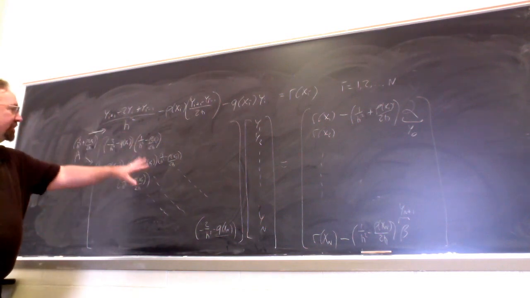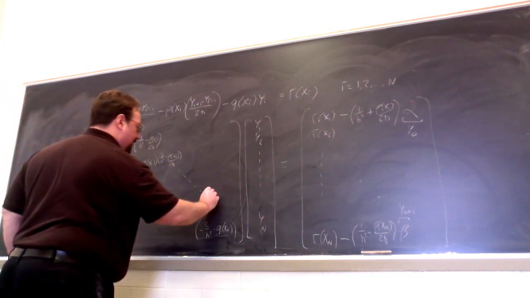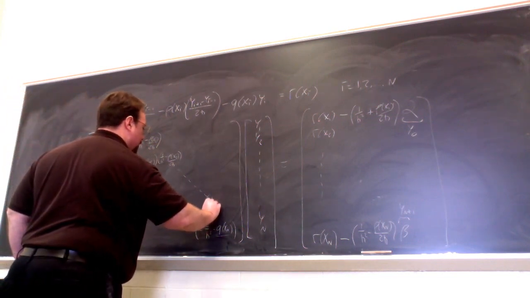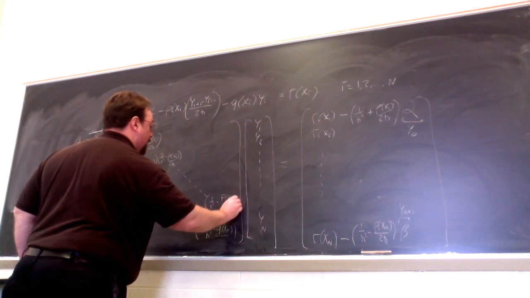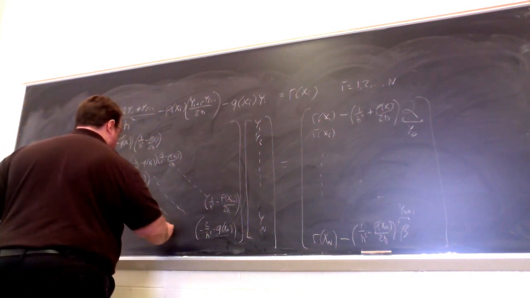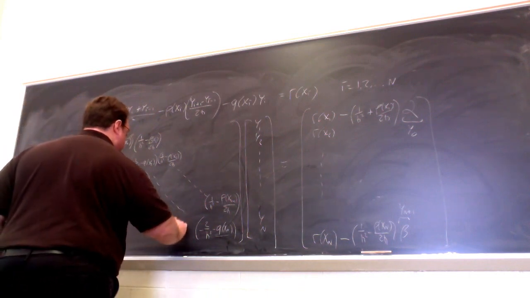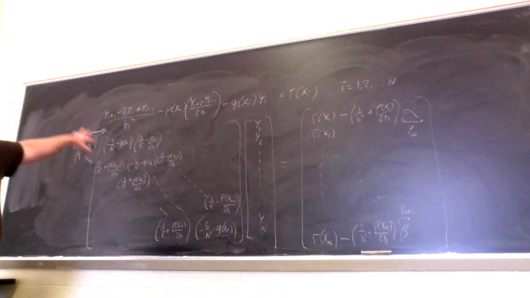So we have a tridiagonal matrix, because we just keep filling in these all the way down to the bottom. 1 over h squared minus p of xn minus 1 over 2h. And then down here, 1 over h squared plus p of xn over 2h. So we just fill in these diagonals.